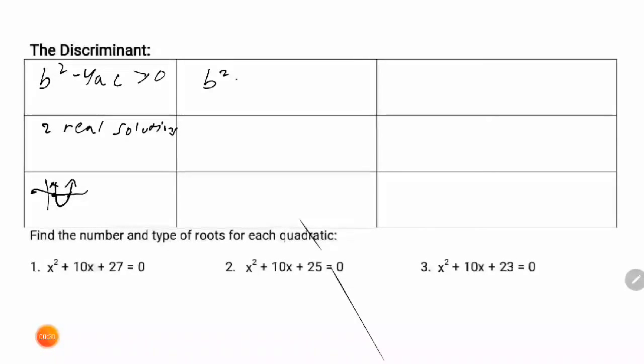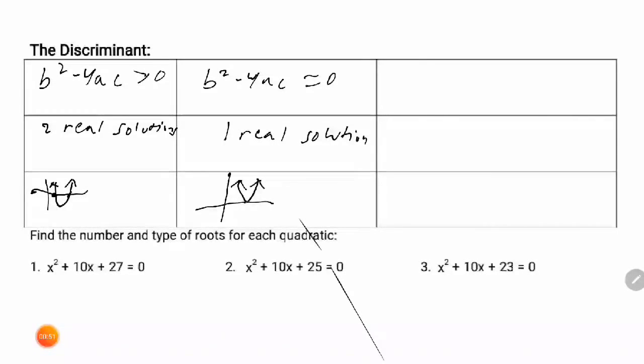If b squared minus 4ac is equal to 0, we get one real solution, also known as one x-intercept, and it's also the vertex. So your vertex is actually on the x-axis, whether it opens up or down.